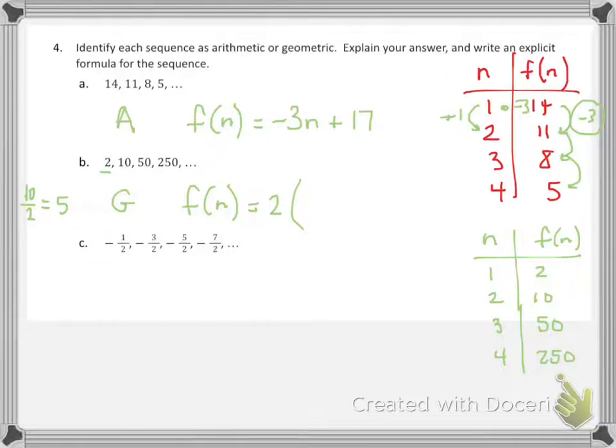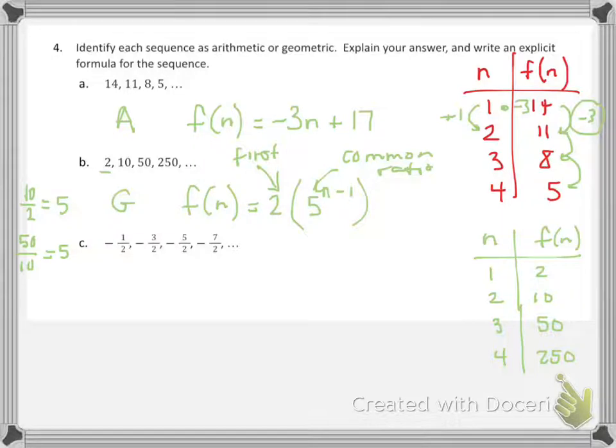If I used 50 over 10, the third over the second, I would still get a common ratio of 5. So the common ratio is 5, and then we raise that to the n minus 1. So geometric sequence, its first term is here. That's the first term. And that 5 is the common ratio, raised to the n minus 1.